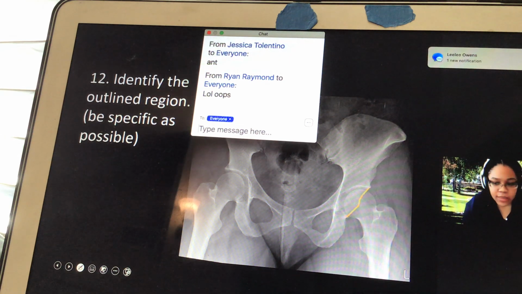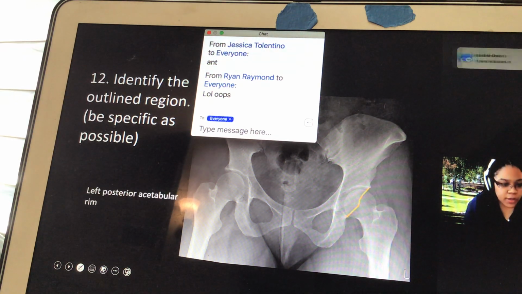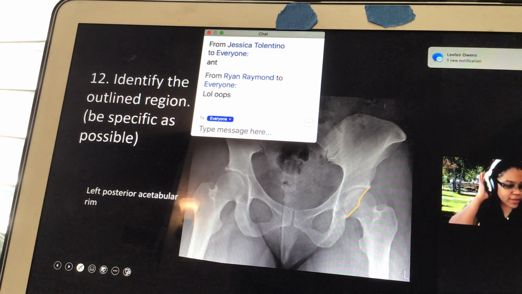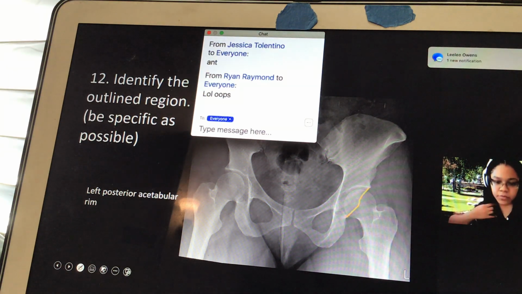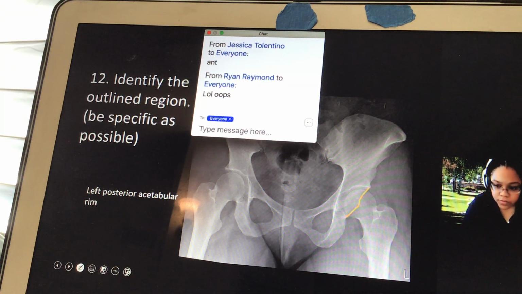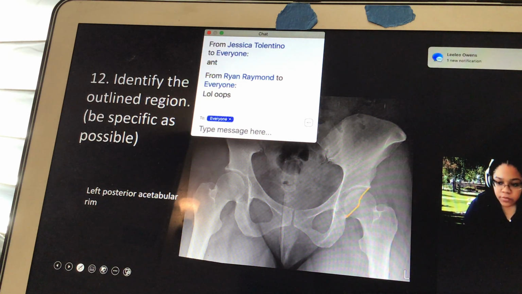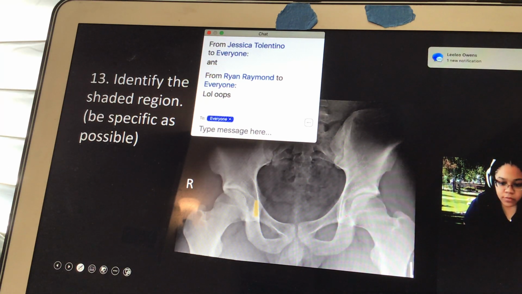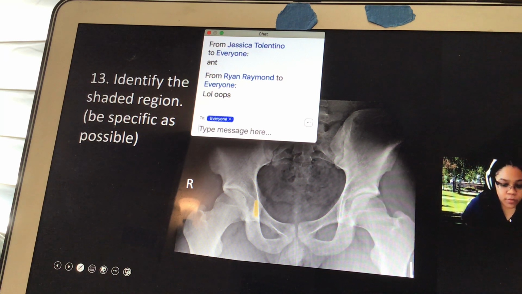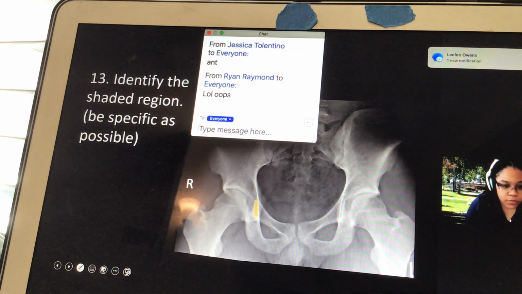So now we see that this one should be the left posterior acetabular rim. It's that shaded region.